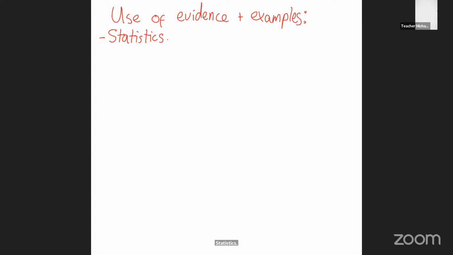So if we have statistics to use in our argument, that can make a very strong case because that is actually research that has been done where somebody's gone out and asked a whole bunch of people a question, or they have done a little experiment on a whole bunch of people, and they actually have the numbers to back up and say, this is how many people have done this thing, or this is how many people believe this, or whatever your statistics are about. They're a great source of evidence.